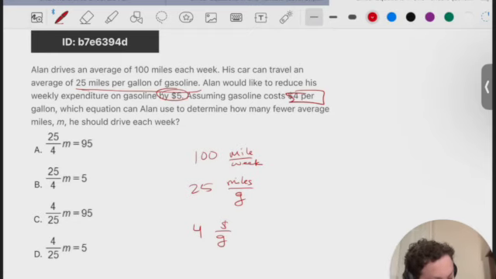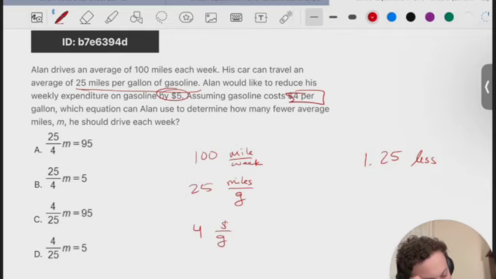So, how many fewer miles he should drive each week. I know, just from reading this and understanding it, that we need to go 1.125 less miles.